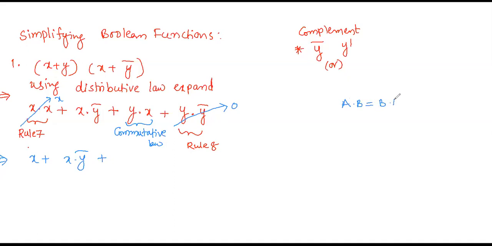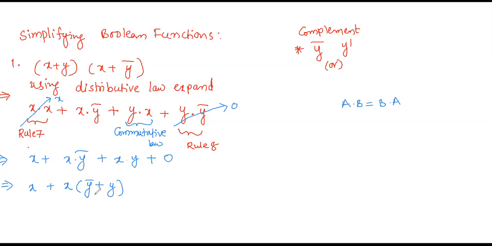A dot b is equal to b dot a. So you can write y into x also as x into y. Now here x is there, take x common, y bar plus y.